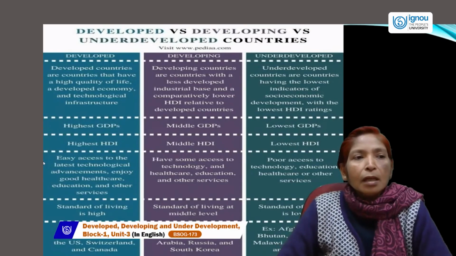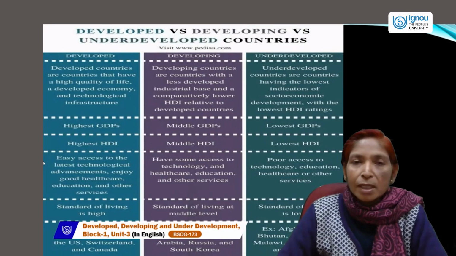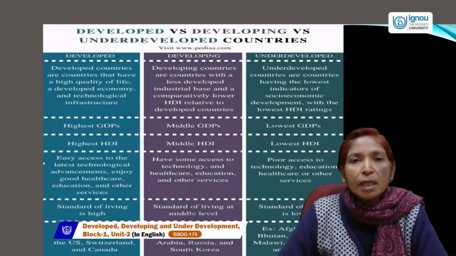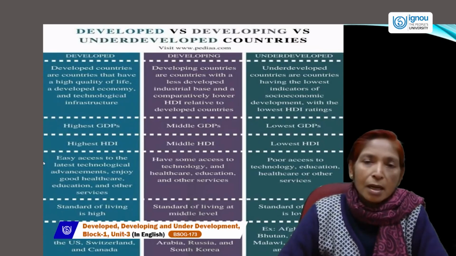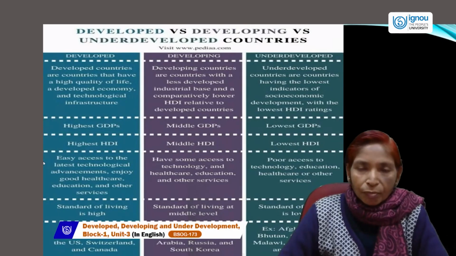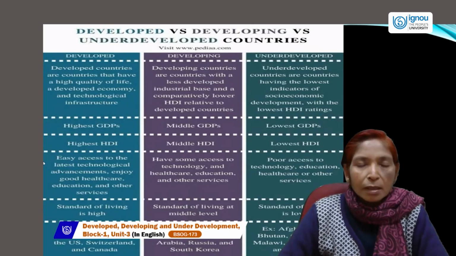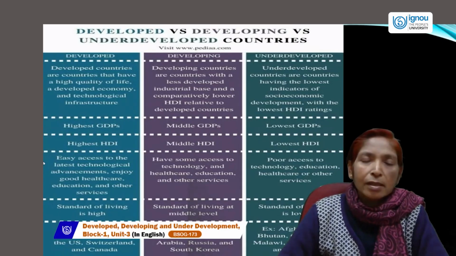Now, next, in developed countries, GDP always remains higher. What is GDP? GDP is the gross domestic product, the sum total of all final goods and services produced in a domestic territory in an accounting year. All sectors contribute: the agriculture sector, the secondary or manufacturing sector, and the tertiary sector.